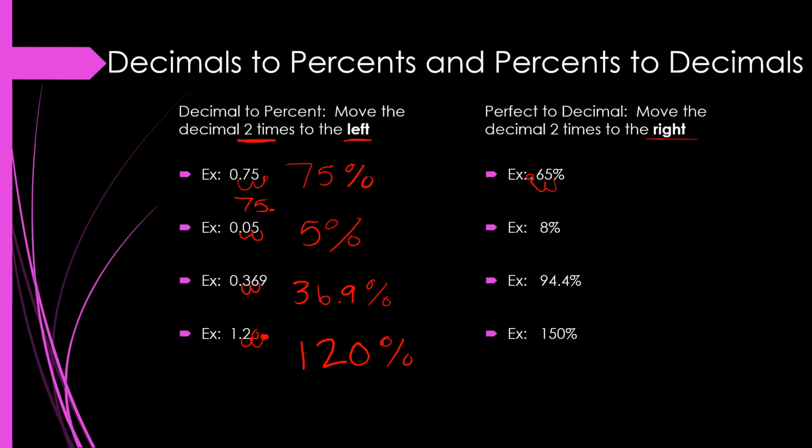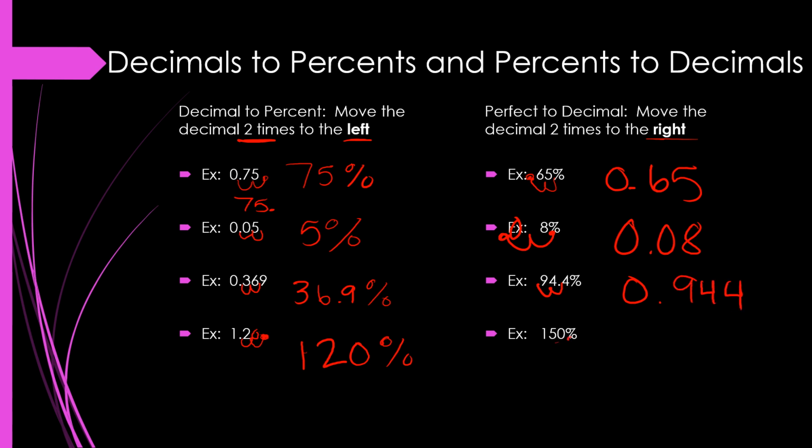So this would be 0.65. I'm going to put a 0 for my placeholder, 0.08. Then 0.944. This would be 1.5. Actually, I think I have these mixed up, sorry. This should be to the right, and then this one should be to the left. So sorry.